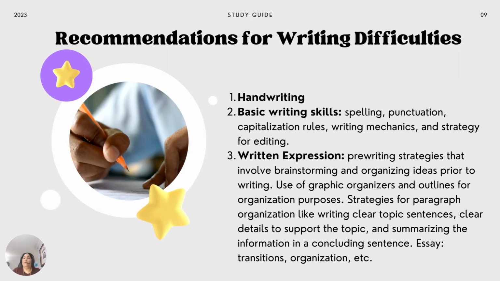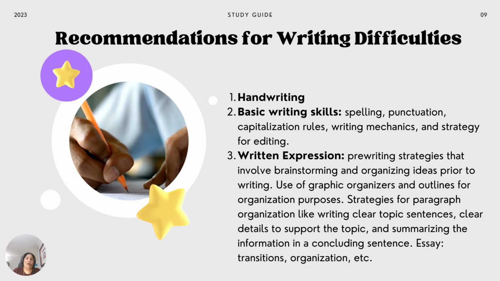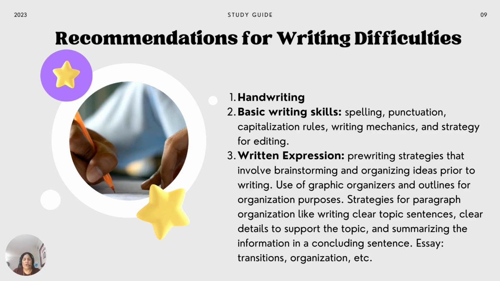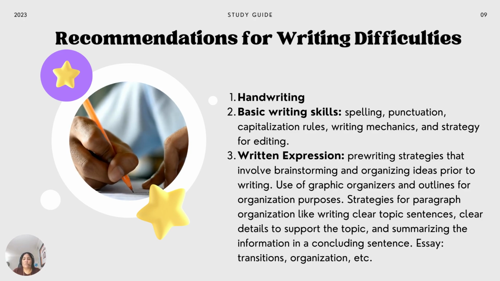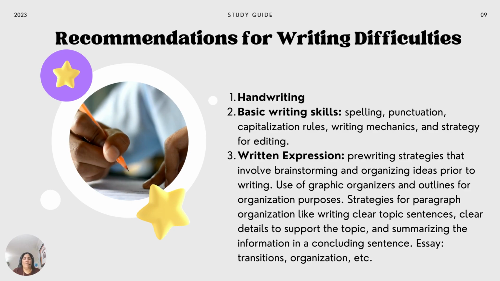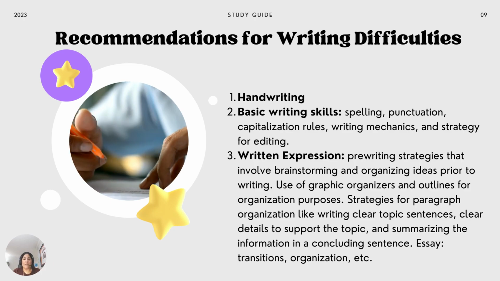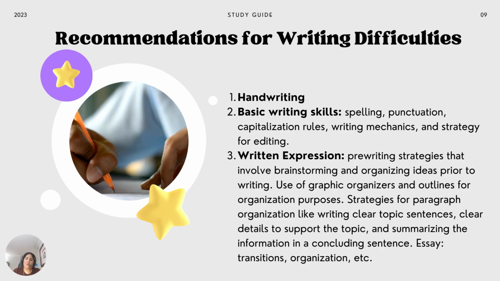Next, we can make some recommendations about writing difficulties, which basically include these three aspects: 1. Handwriting. 2. Basic writing skills, which includes spelling, punctuation, capitalization rules, writing mechanics, and a strategy for editing. And number three, we can recommend about written expression.